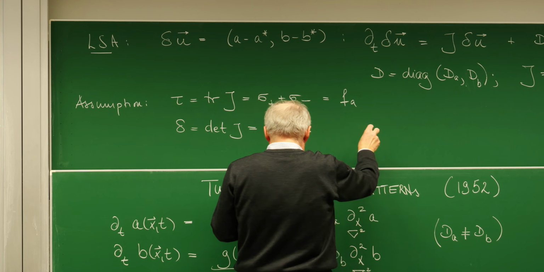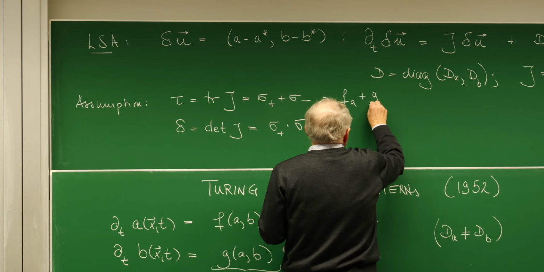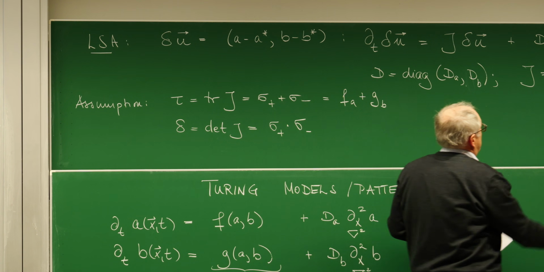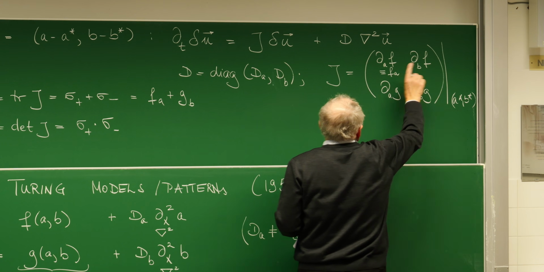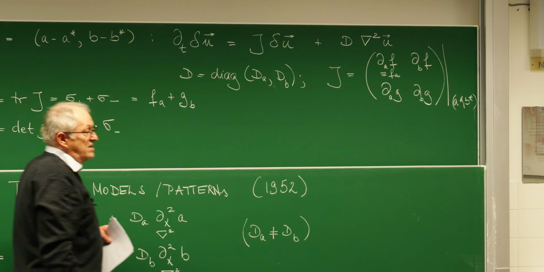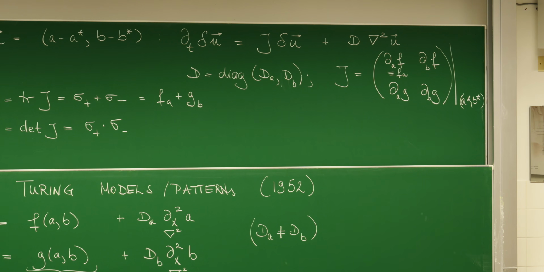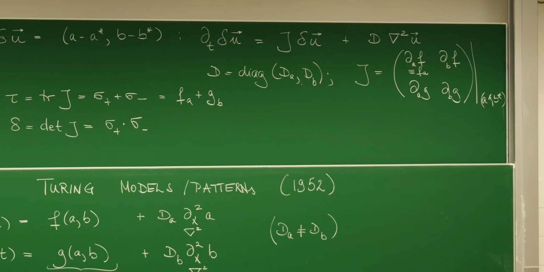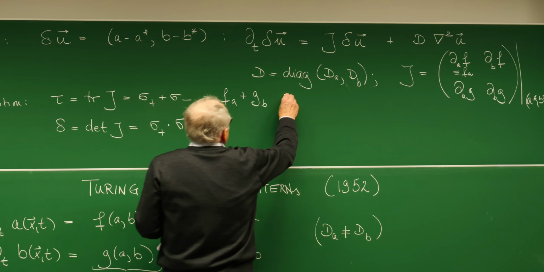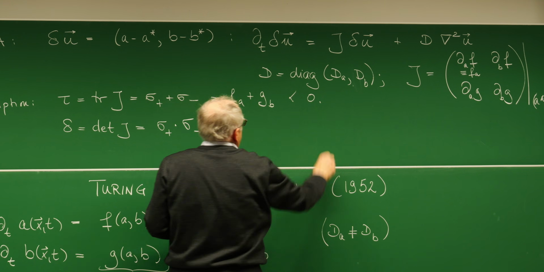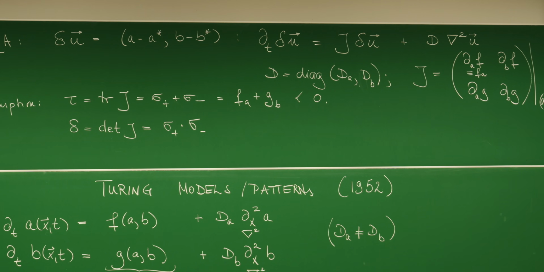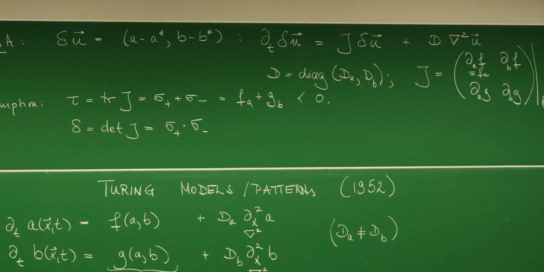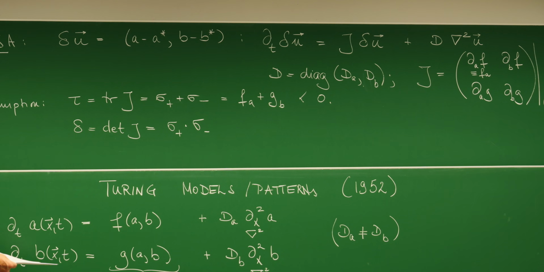This is Fa plus Gb. Reading this off, I'm denoting this as Fa, etc. So the index of F is indicating the derivative. Stability means, just look at your stability diagram of two-component systems, that the sum of the eigenvalues is negative.